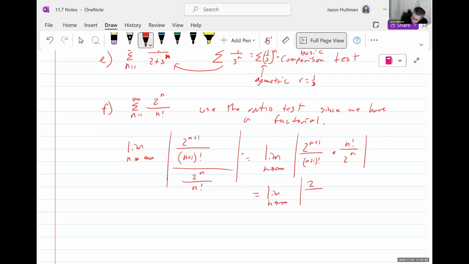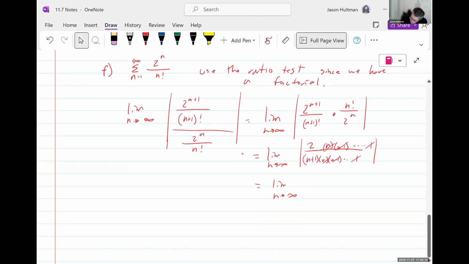And then n plus 1 factorial is all the numbers multiplied up to n plus 1. So I would get n plus 1 times n times n minus 1 all the way to 1, and on the top, I would get n times n minus 1 all the way to 2 times 1. Everything's going to cancel all the way up to n. So this equals the limit as n goes to infinity of 2 over n plus 1.